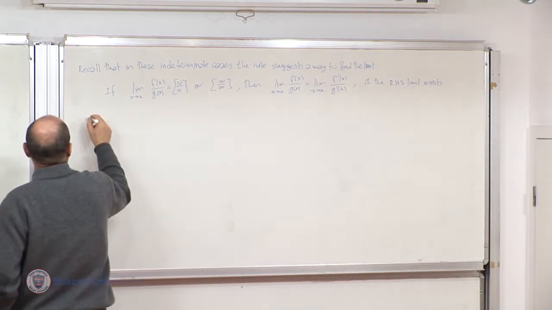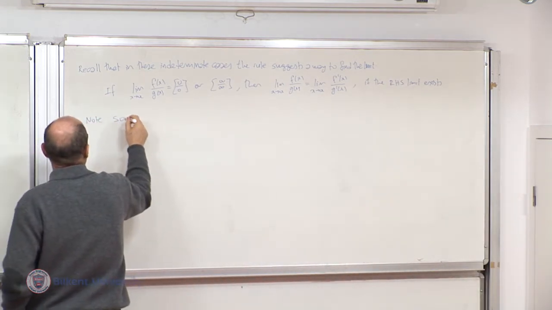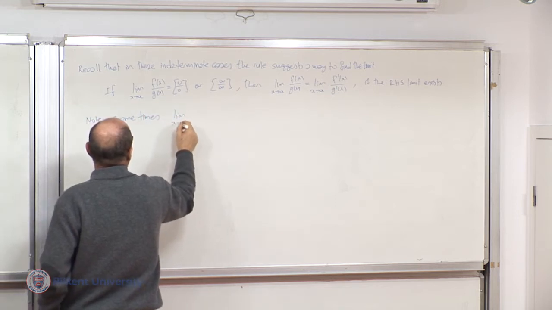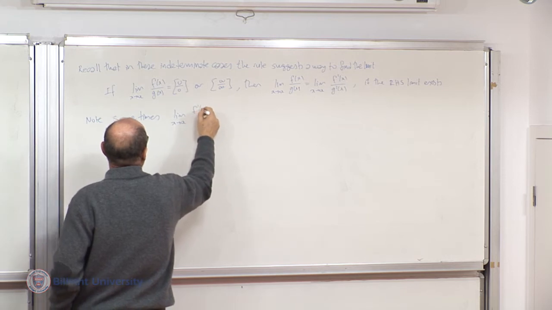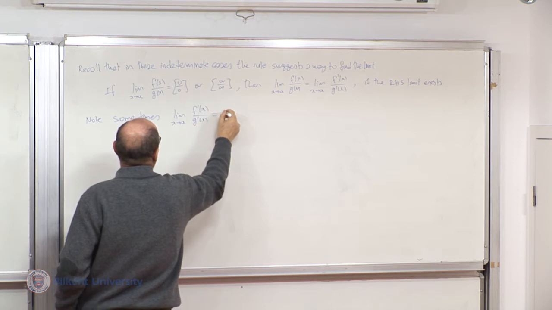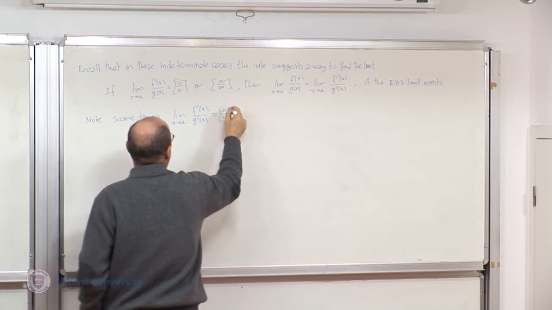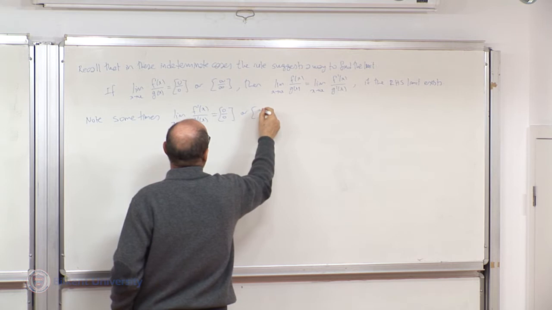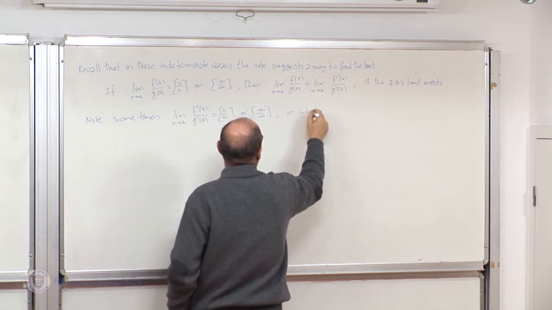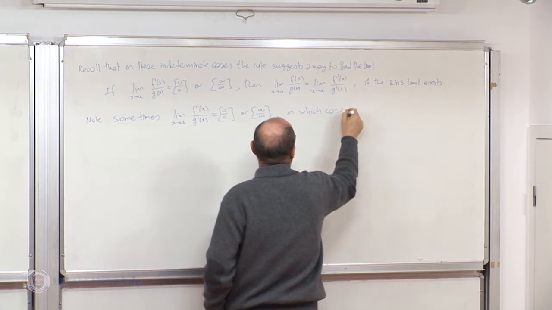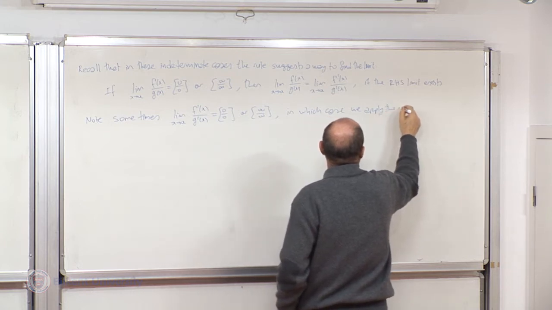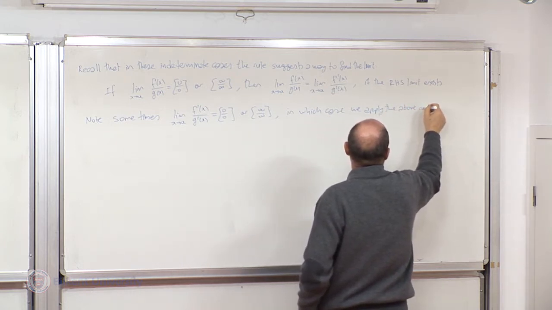Okay, so you look at the ratio of these. So note, if you look at the limit of the derivatives, f prime x over g prime x, and it's also of the form like this or like this, in which case we apply the above rule once more.